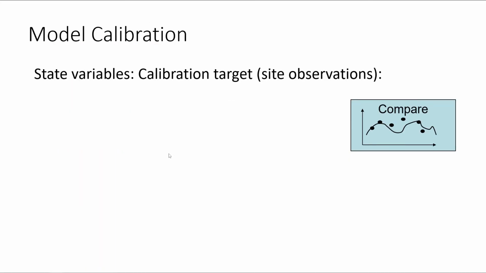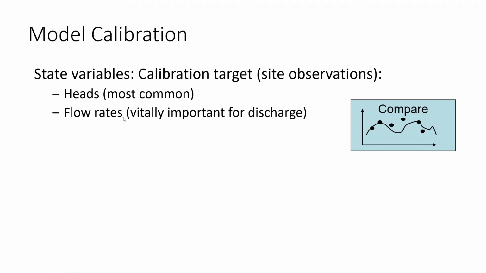What are the calibration targets that we generally use? Head is the most common. Then flow rates, which is important. Flow rates would be like spring discharge or submarine groundwater discharge.